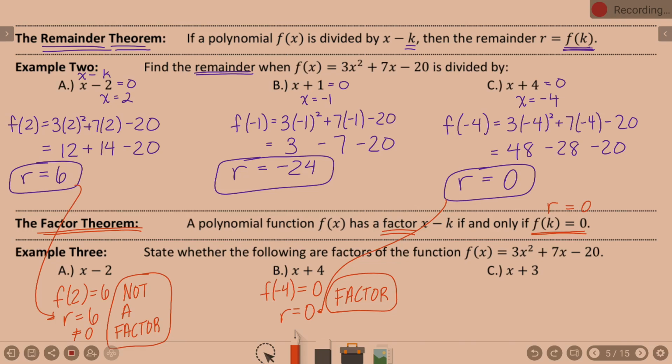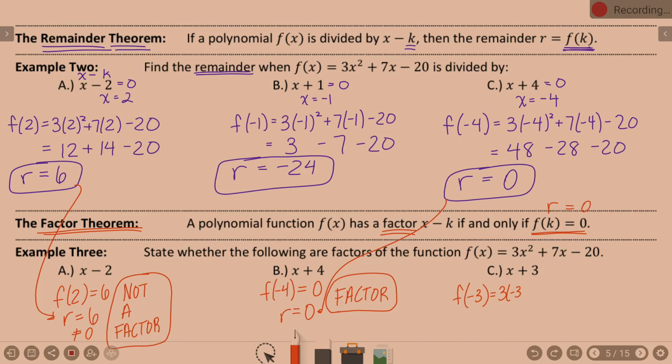Okay, C. What about x plus 3? Is it a factor or not? What do we have to do? We're going to have to do the math first. What is it we're going to plug in? Negative 3.